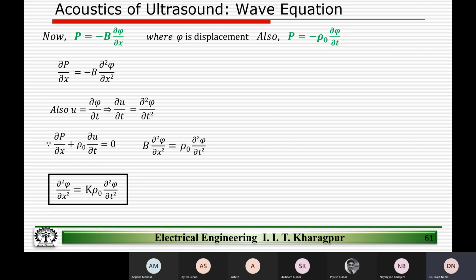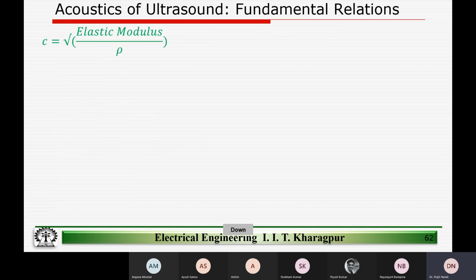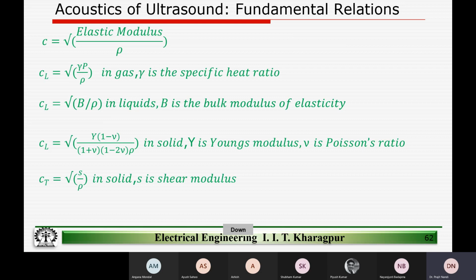The key takeaway from all of this is that, in general, the speed of a wave in any material is given by the square root of the elastic modulus divided by the density. In gas or in liquids, we will have longitudinal waves.